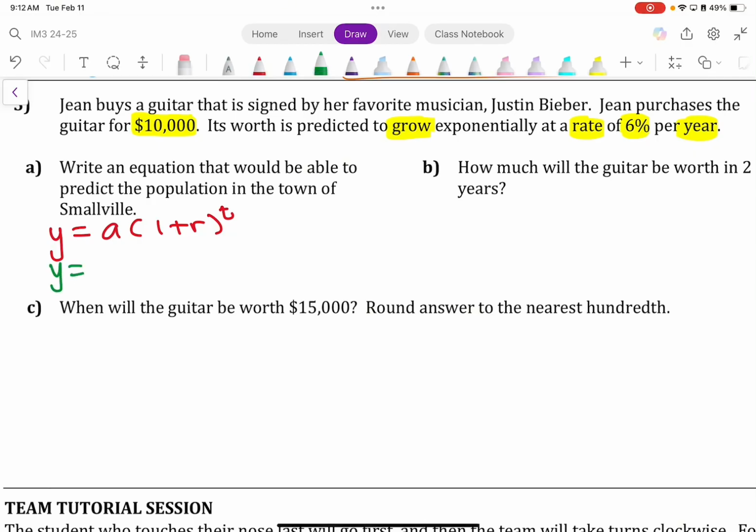So we get y equals $10,000 times 1 plus, what will 6% become as a decimal? 0.06. So 1 plus 0.06 to the power of t.